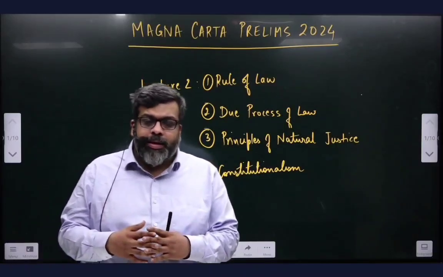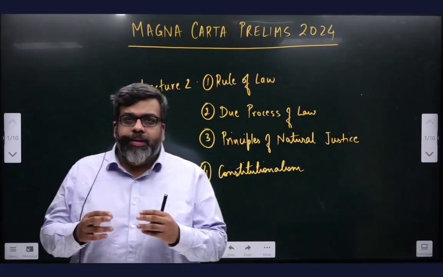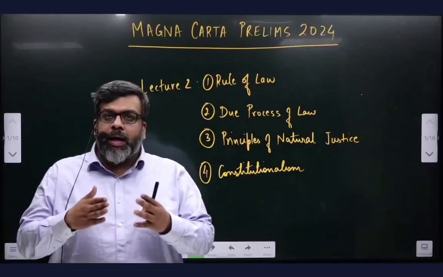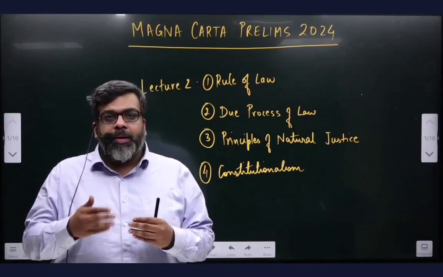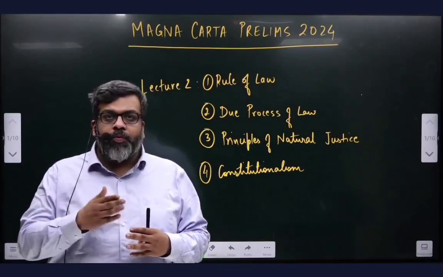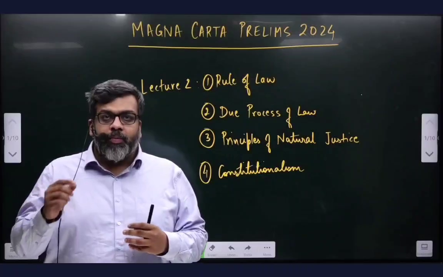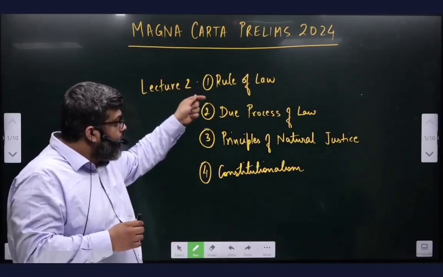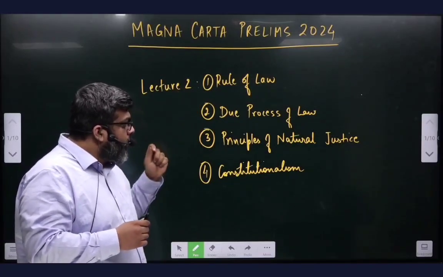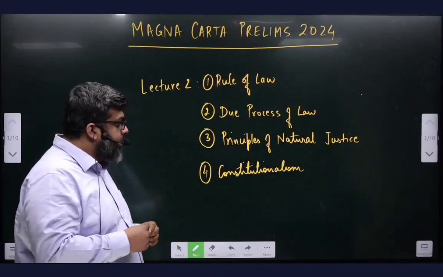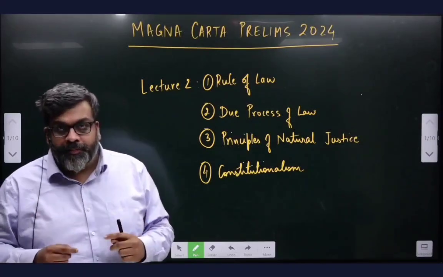Now, at the outset, I have identified 4 commonly occurring themes that the prelims exam has asked over the last 10 years, which are rule of law, due process of law, principles of natural justice, and constitutionalism.